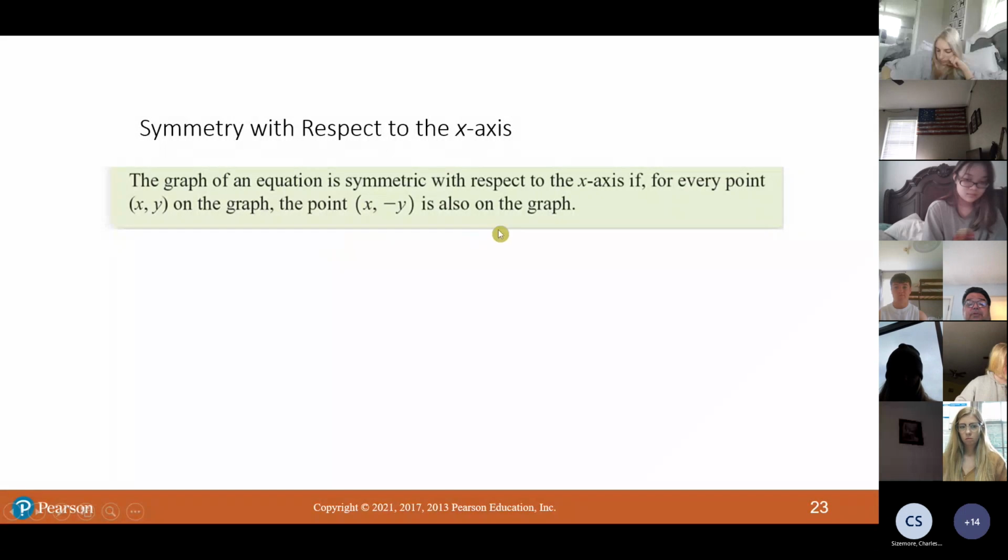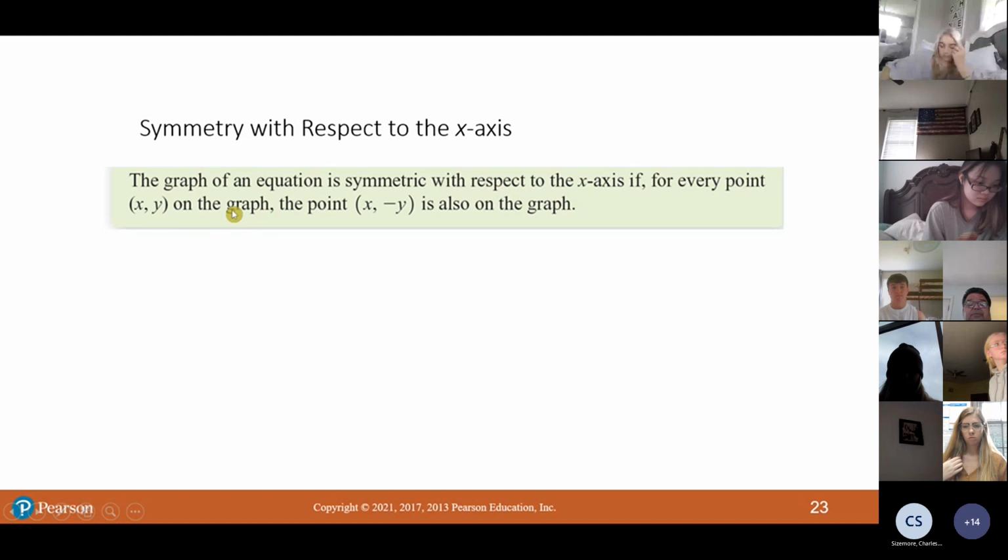Okay, well, this is pretty self-explanatory. The graph of an equation is symmetric with respect to the x-axis if for every point (x, y) on the graph, the point (x, negative y) is also on the graph.